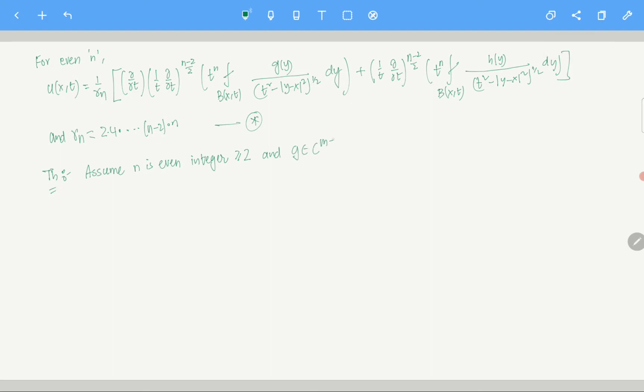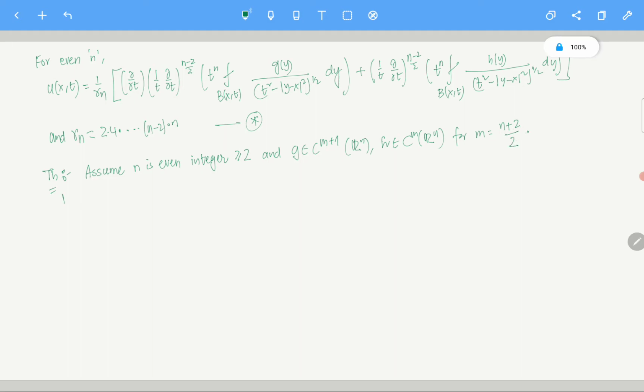And g is in C^(m+1) of R^n, h is in C^m of R^n, for m equals, if you remember, for n even, (n+2)/2.